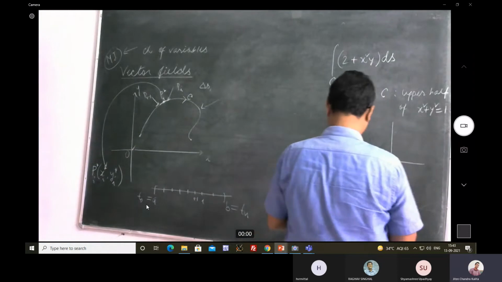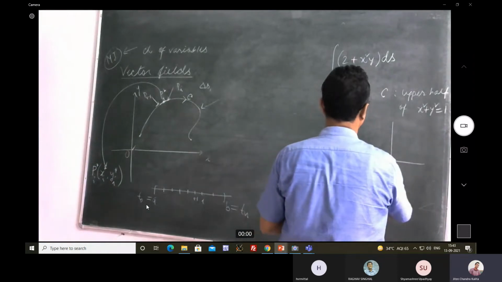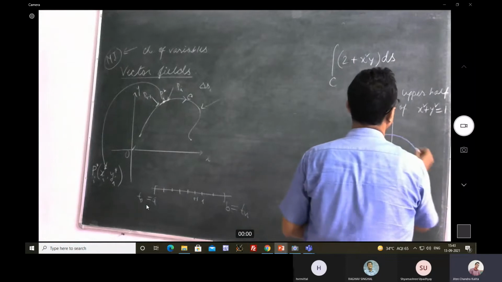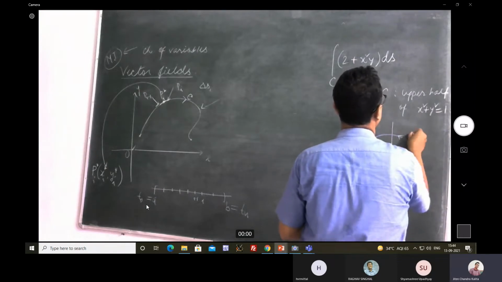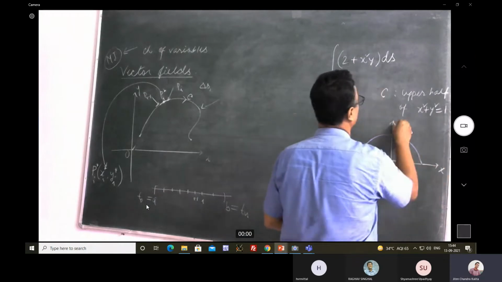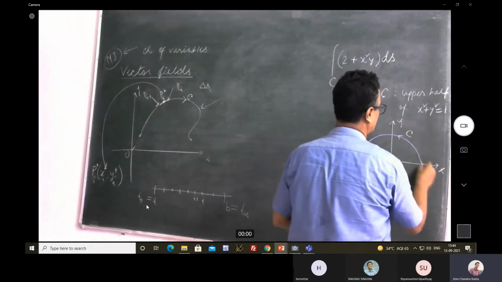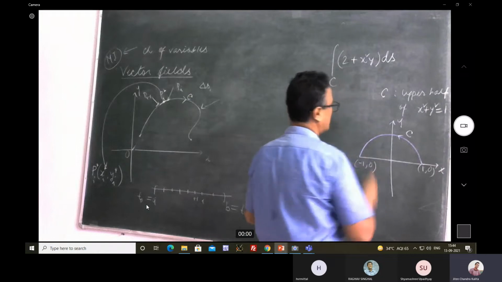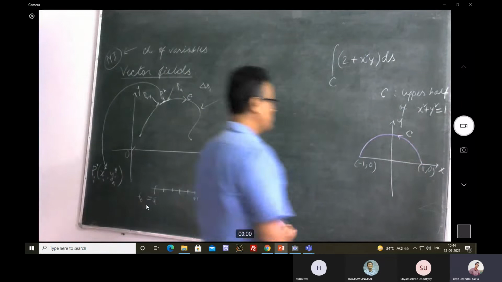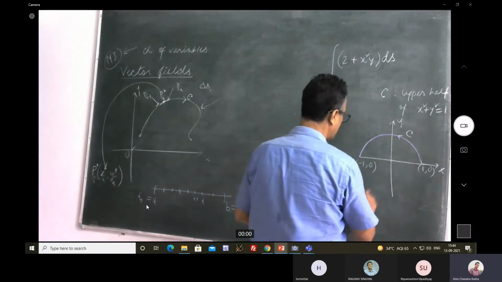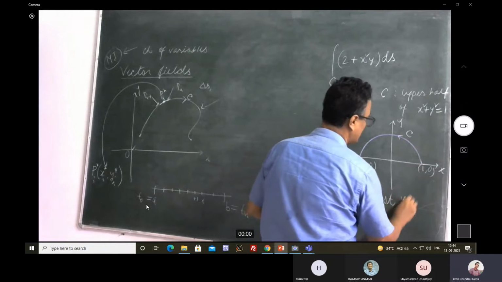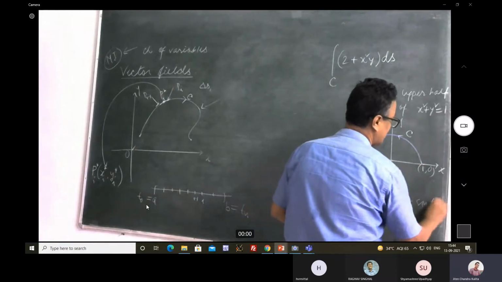So this is my C. I have to perform integration along this curve C. And you know that C can be parameterized by x equal to cos t and y equal to sin t.